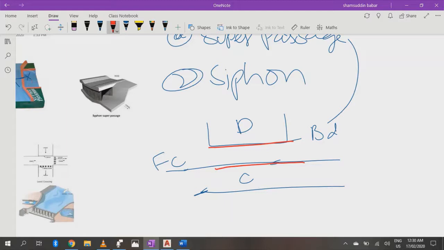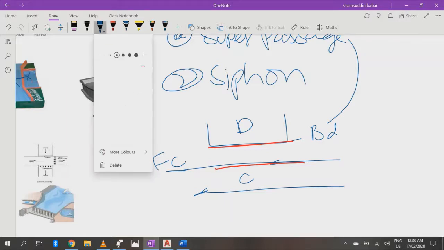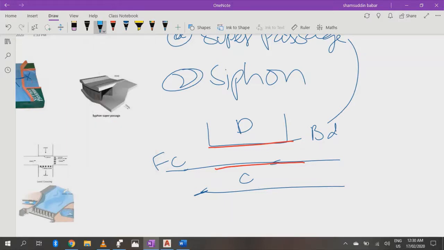But if the full supply level is here, meaning above the bed level of drainage, we provide a siphon. Simple. If the full supply level is below the bed level of drainage, we provide super passage.